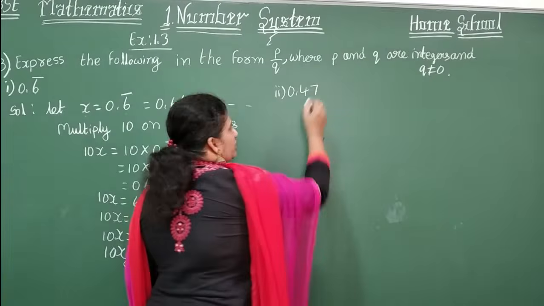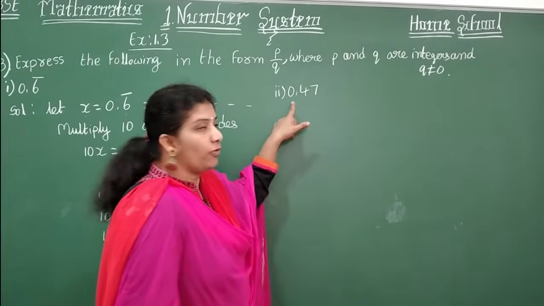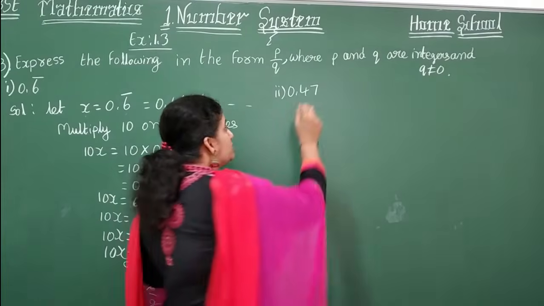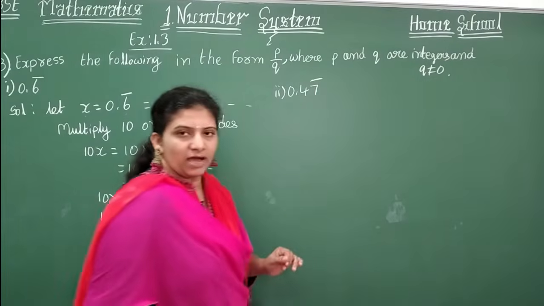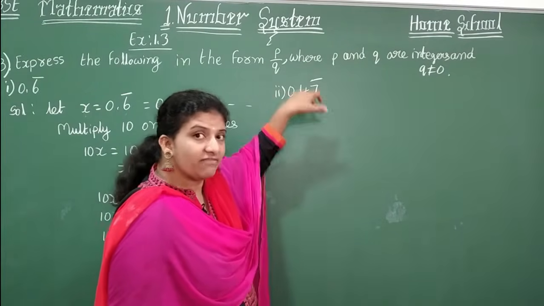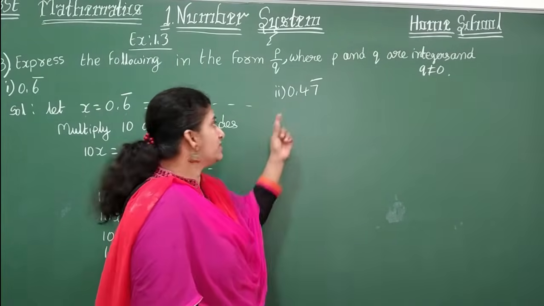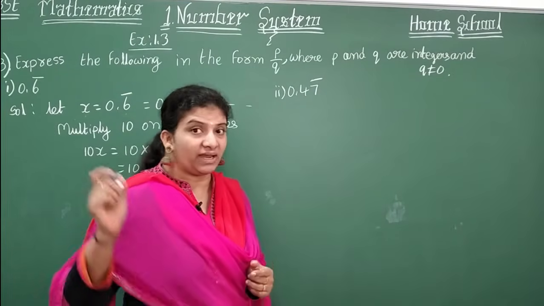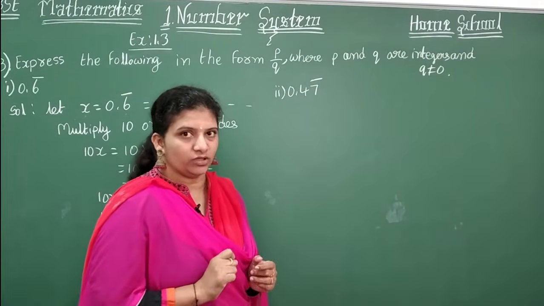Observe the second question here, children. 0.47 bar, and the bar is not on 4. Observe here carefully. 0.47 bar means 0.477777 repeats infinitely, but not 4. Okay.